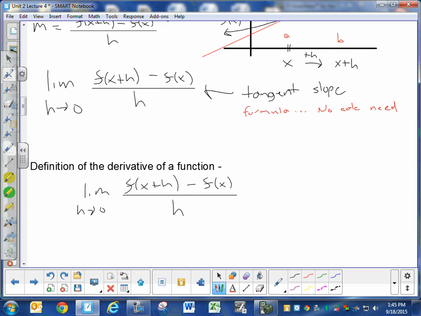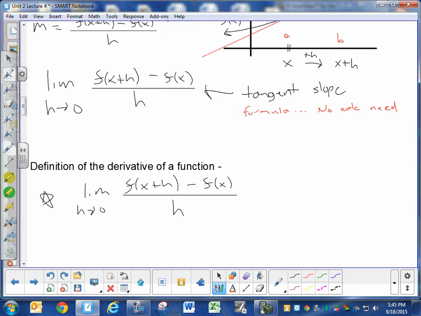Now, what's really, really important about this, because you're going to look at this and you're going to lose its meaning somehow, at some time in the future. You're going to completely forget what this means. So I'm going to make sure you know it now and make sure you can reference this page in the future. What is this? This is just a fancy slope formula. Okay?